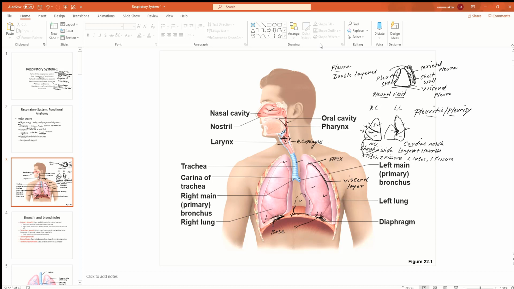That means the inflammation of the pleura, those two layers. And when inflammation occurs, then what happens? Inflammation causes swelling, right? So those two layers get swollen, and that causes friction between those two layers when you breathe, and that creates pain.